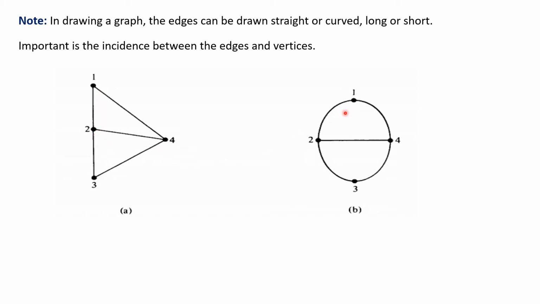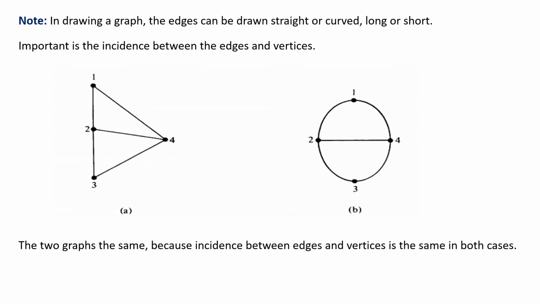Similarly here also vertex 1 is incident with the two vertices 2 and 4. So here the edge 1, 4 is a straight line. Here the edge 1, 4 is a curve. But these two graphs are the same because the incidence between the edges and vertices is the same in both cases.